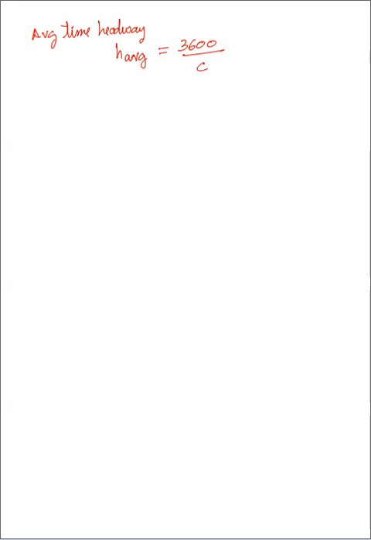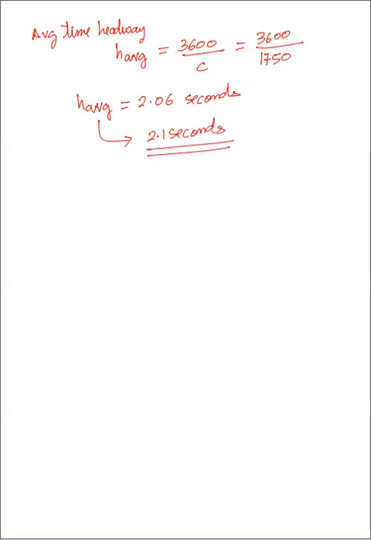Let me write C only so that there is no confusion. So 3600 divided by 1750. H average, this is your average time headway, is equal to 2.06 seconds. So we can generalize it to 2.1 seconds. This is your final answer. Thank you very much.